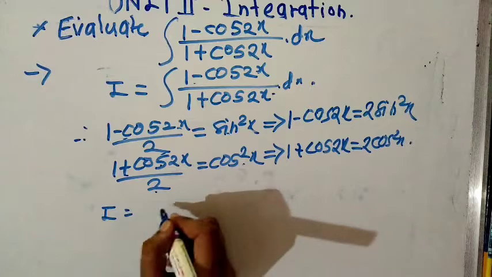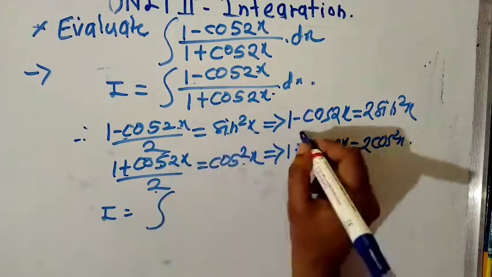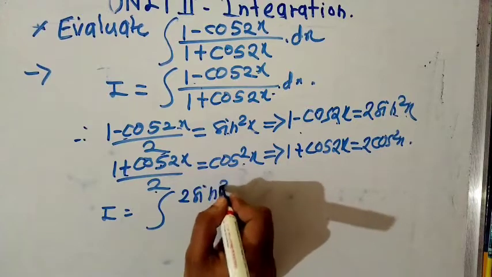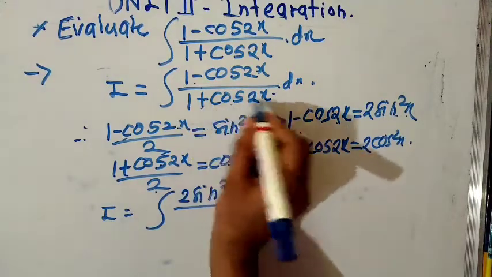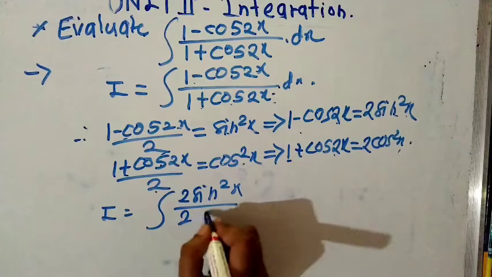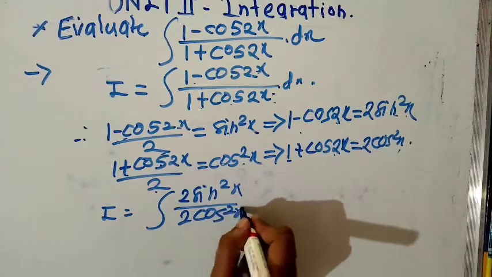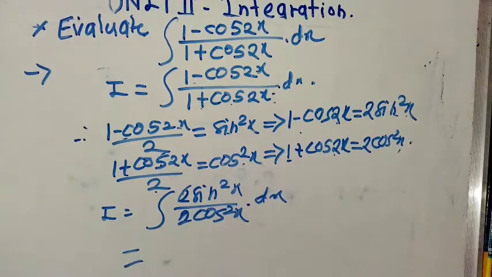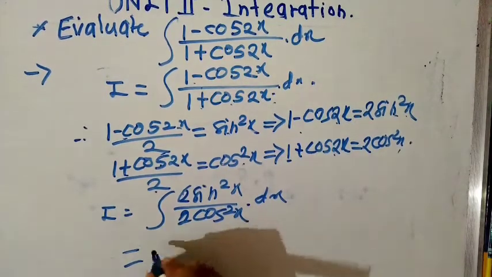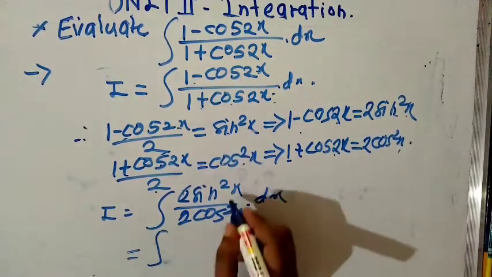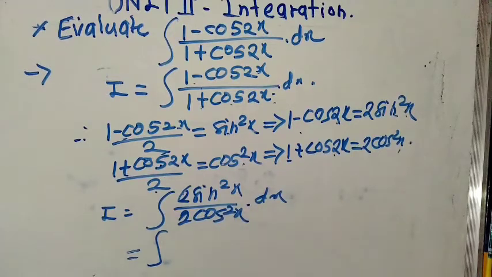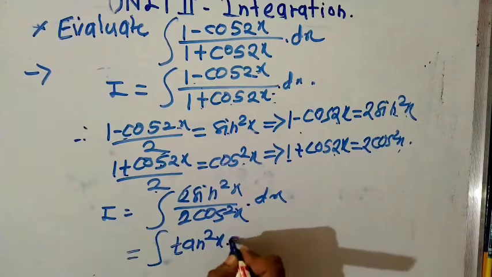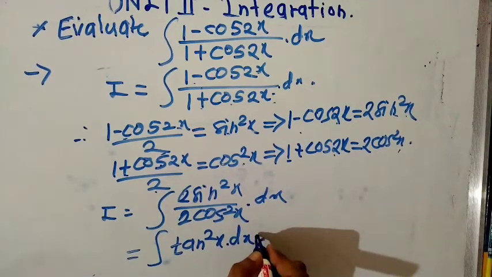So put this value in this equation: 1 minus cos 2x is 2 sin square x and 1 plus cos 2x is 2 cos square x into dx. So 2 and 2 cancel, which is equal to integration of sin upon cos, that is tan, so tan square x into dx.